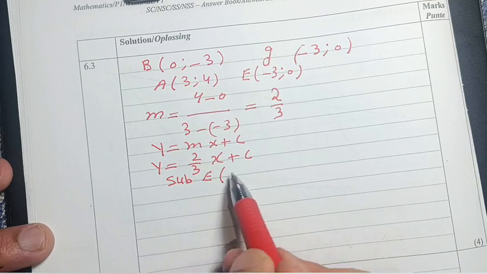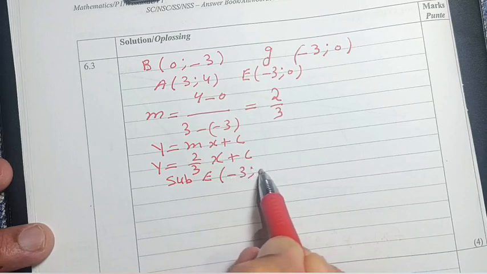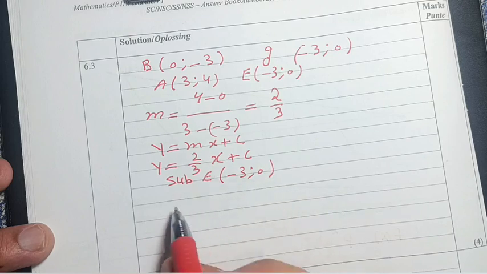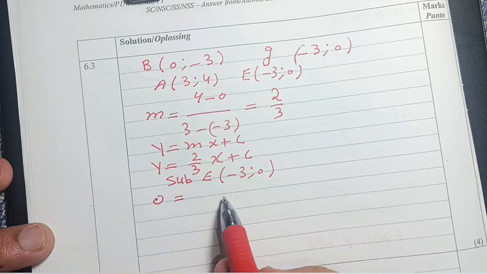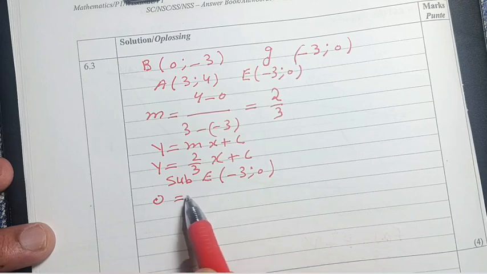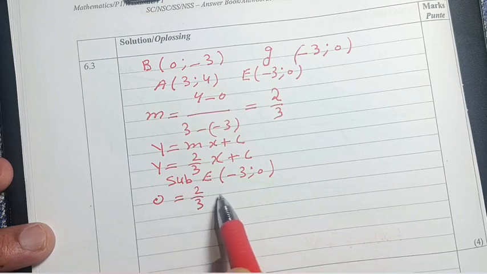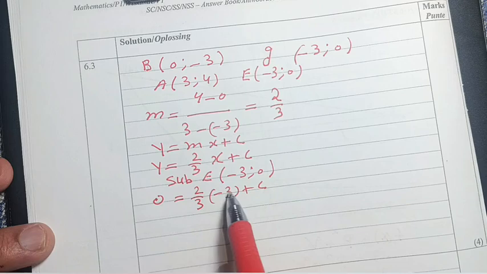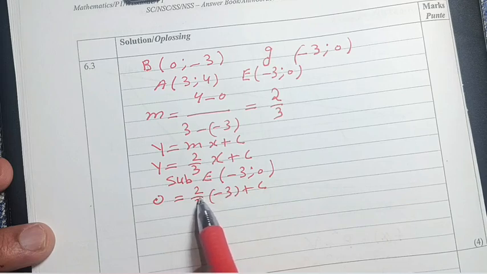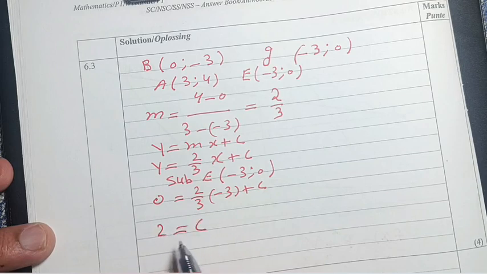So we use E, -3 and 0, for x and y. So it's going to be 0 is equal to 2 over 3, and in place of x is -3, plus c. This cancels, only -2 is left. When I switch over, this will become +2. So the c is +2.